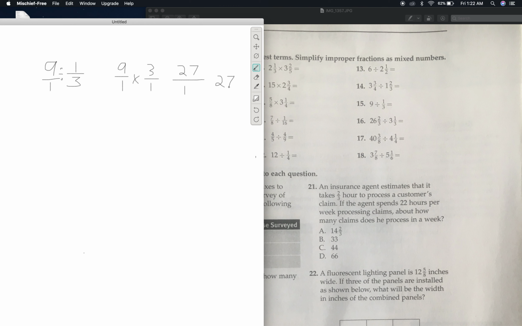Okay, that is the answer for number 15. Let me verify. Yeah, okay. So let's do 16 now. Okay, number 16 is 26 and 2/3.